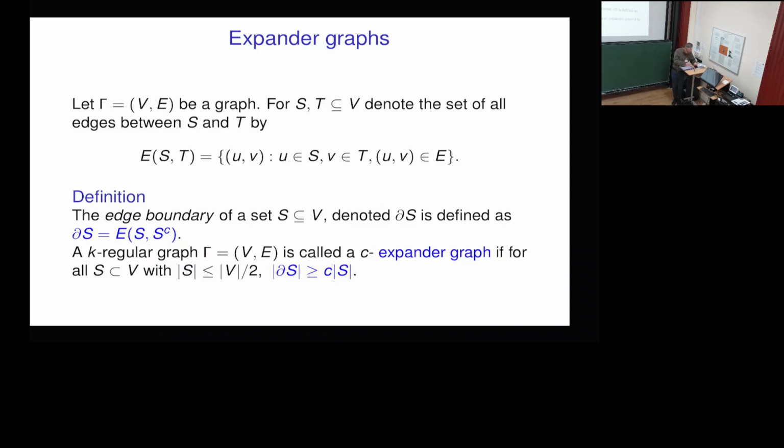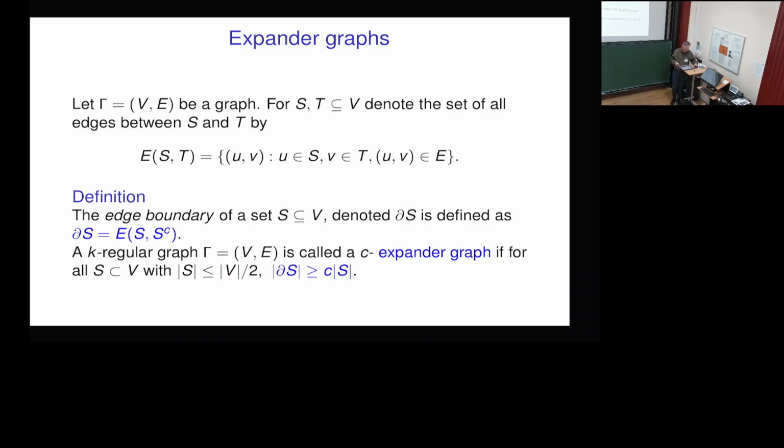And a K-regular graph is a C expander if for all subsets S with cardinality less than V over 2, the boundary of S has at least as many edges as the number of vertices of S times a constant. Okay, so morally every subset has a big boundary.